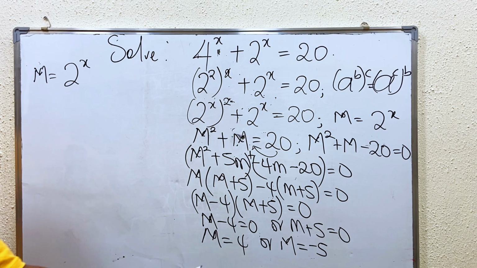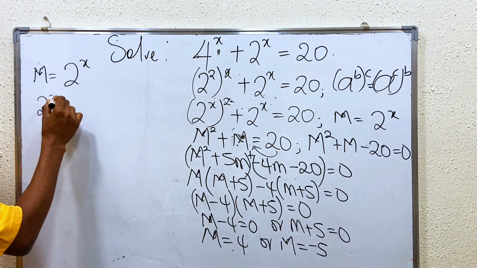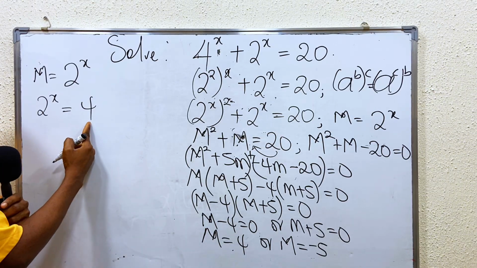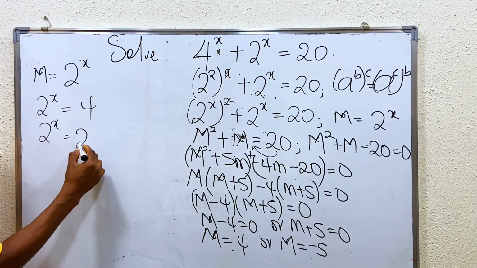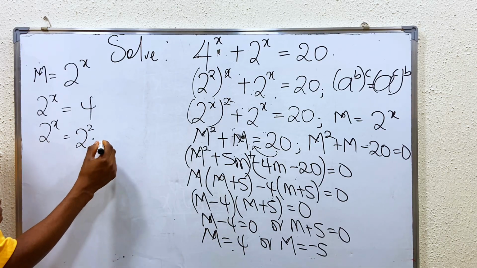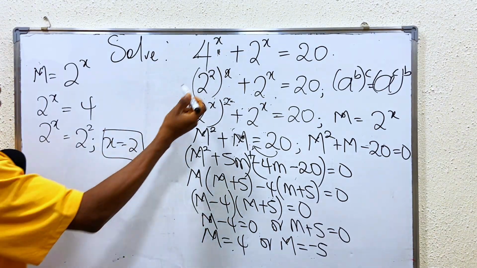Okay? So for the first solution, you can now see that 2 power x is now equal to 4. 4 can be seen as 2 squared, right? So you have it as 2 power x is equals to 2 squared. The bases are now the same. All you need to do is just to equate the power. So x is only 2.